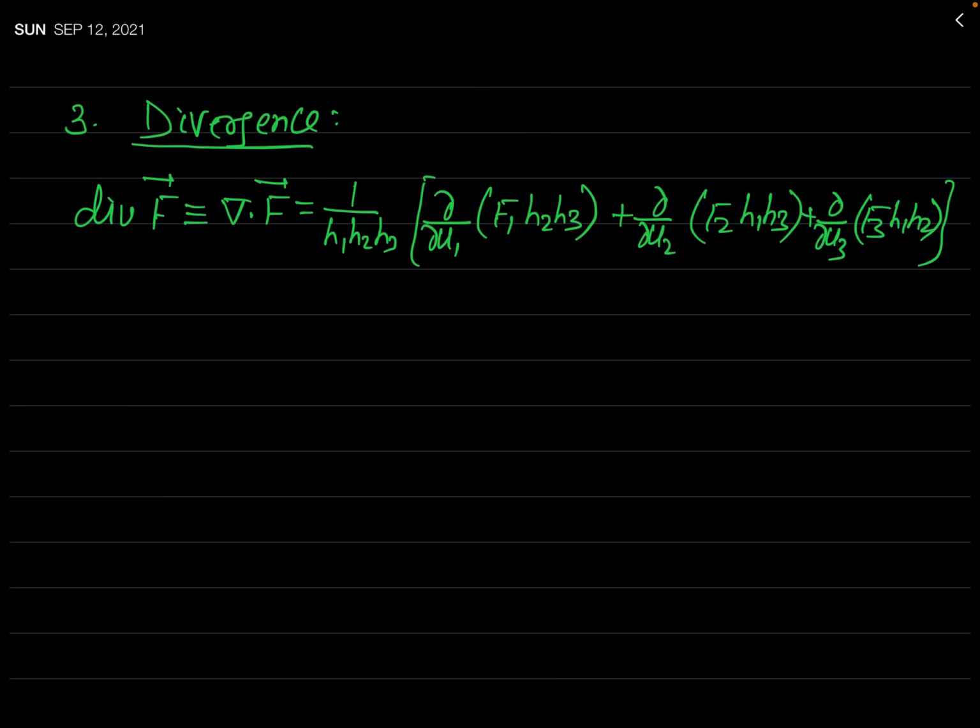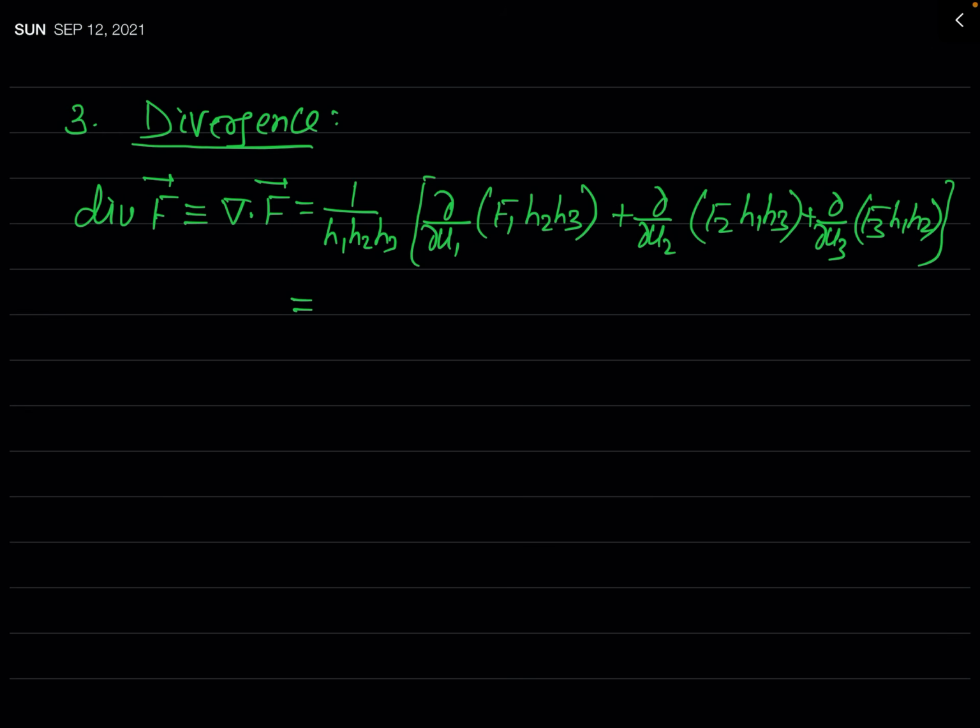Now we will apply this expression in Cartesian coordinate system. But you know, in Cartesian coordinate system, all these scale factors are 1. So the product h1 h2 h3 will be equal to 1. u1, u2, u3 will be again replaced by x, y, z.